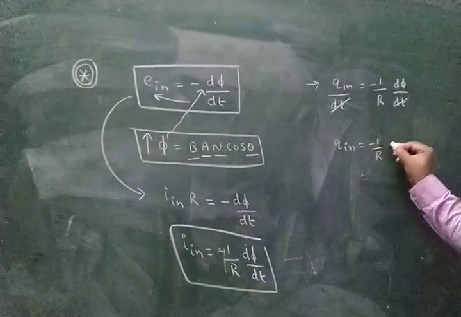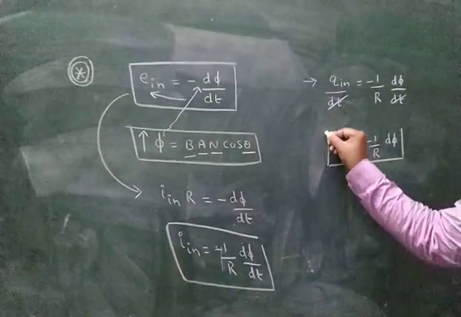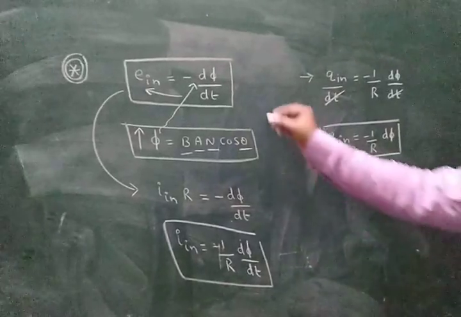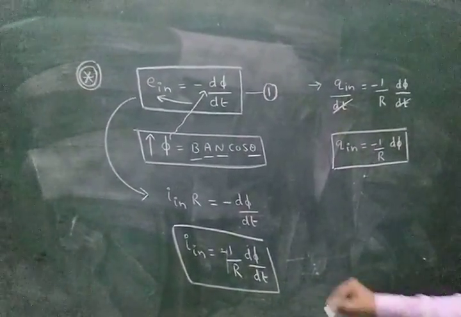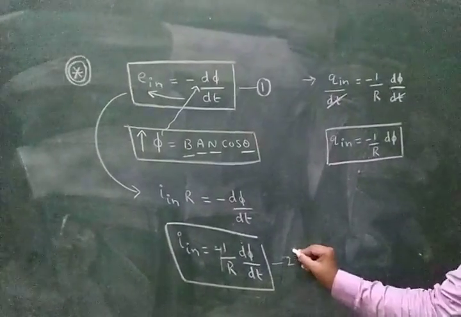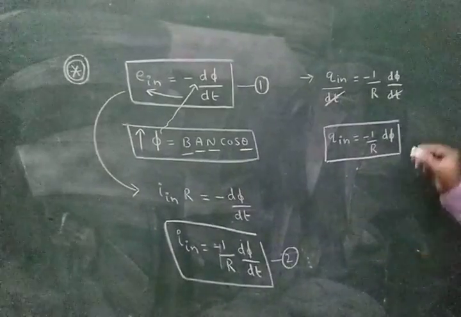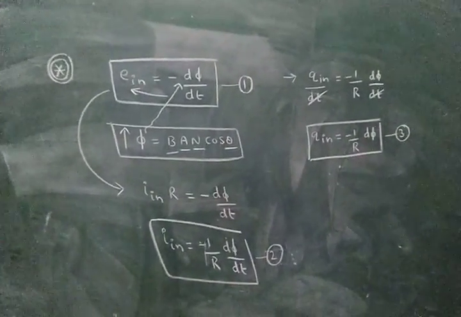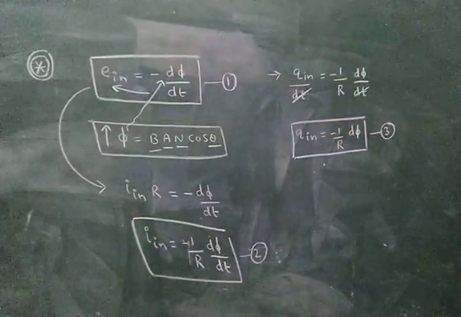Minus 1 by R into d phi. This is the formula for induced charge. This is the formula for induced EMF. Induced current, this is the formula. Induced charge. These three formulas are most important.